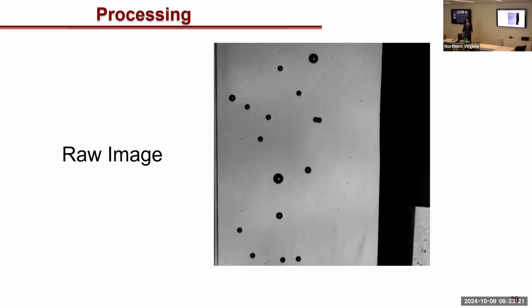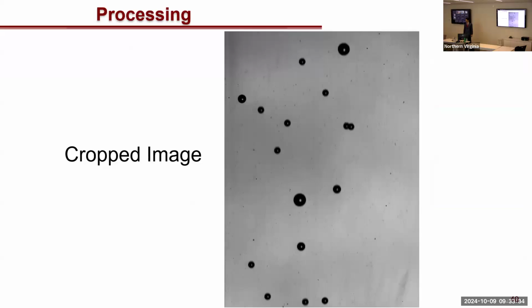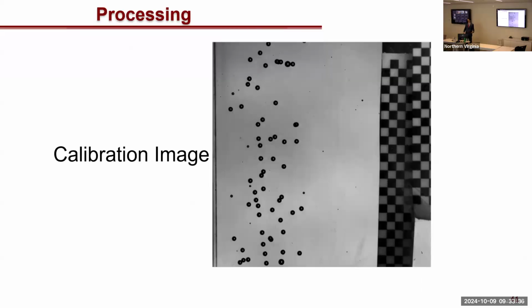This is an example of a raw image that we got from that data. As you can see, there's unuseful information at the borders, so we cropped the image down. We then again needed to calibrate the image, looking at each of these squares, knowing that they're 1 millimeter, and counting the pixels within them to get a conversion ratio.